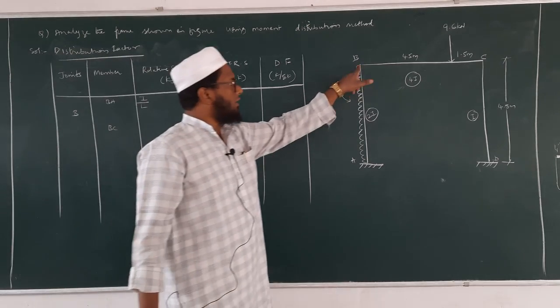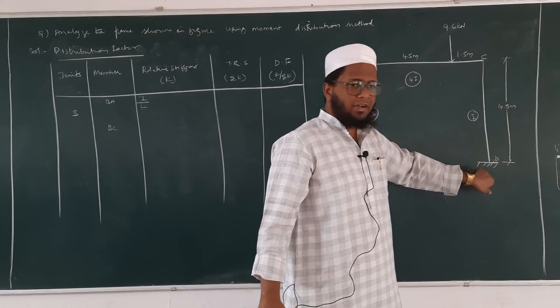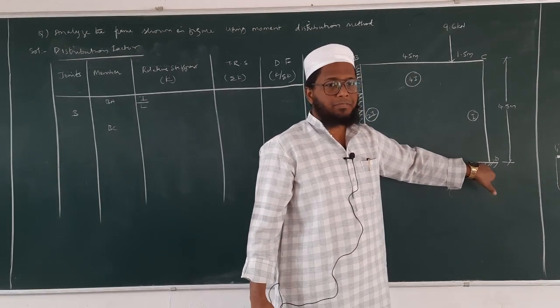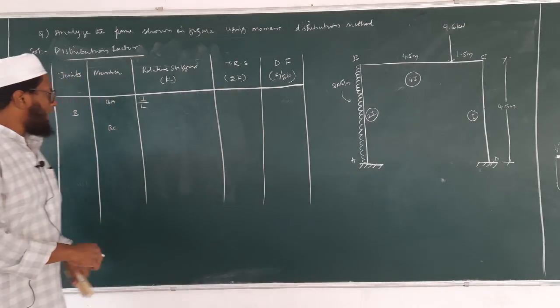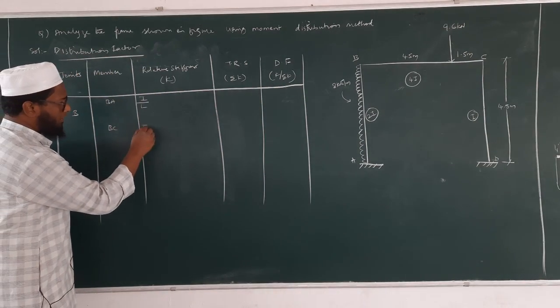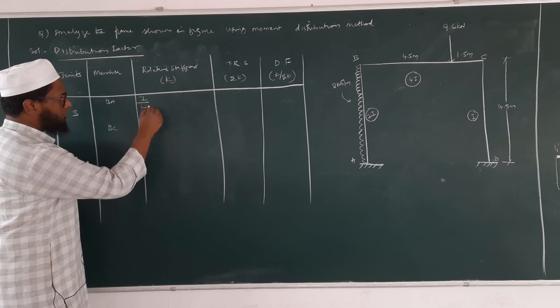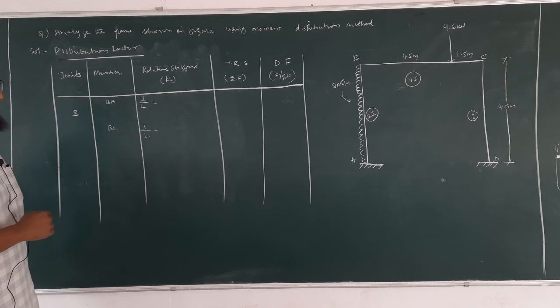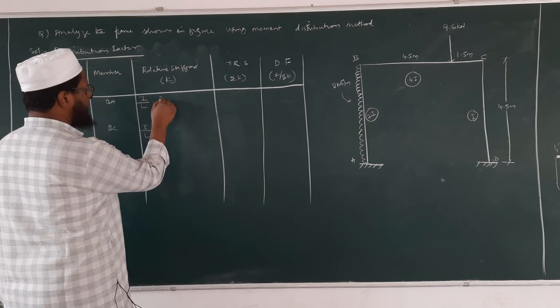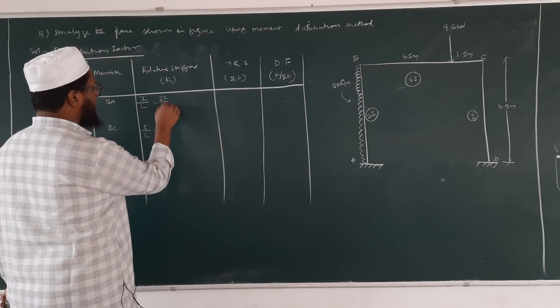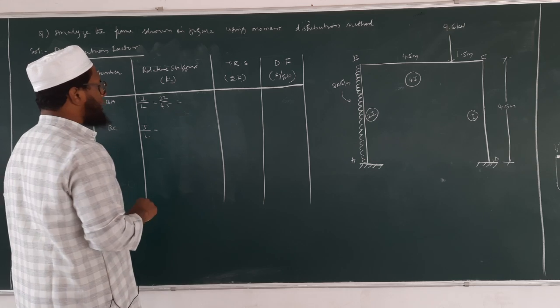B to C, again we have one more support here, so we will consider that as fixed, so it will be I by L. For BA, it is 2I by 4.5. Tell me this value.